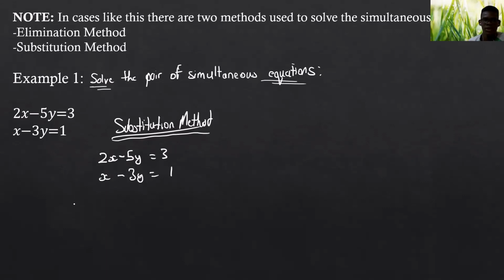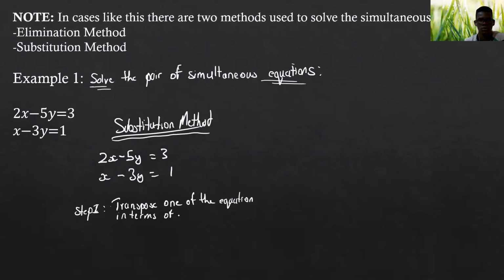The first step in the substitution method, you can call it step 1, is to transpose one of the equations in terms of x or y.